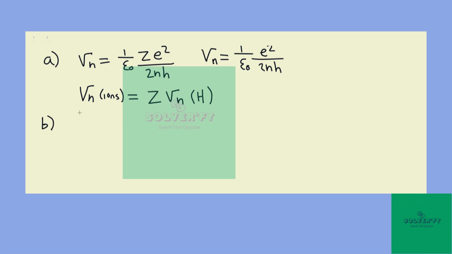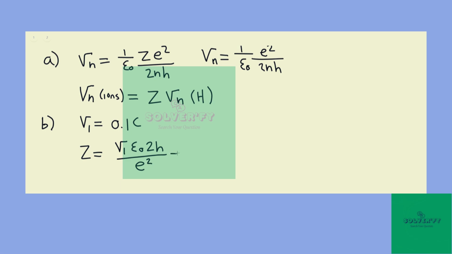So now let's assume that the ground state velocity of our electron is 10% of the speed of light, 0.1c. We should be able to solve for the atomic number Z, the minimum one, to make this true. So rearranging our expression, we have Z equals v1 times 2 epsilon naught h over electron charge squared.